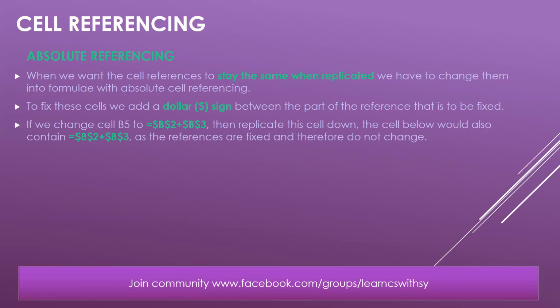For example, in cell B5, if you change the formula and you said $B$2 plus $B$3. So now if you replicate the formula, then you will observe for yourself that the new cell, for example, cell B6, will still contain equals $B$2 plus $B$3. Because you wanted these references to be fixed, you do not want them to change. In other words, you have changed the reference from the normal relative referencing to the absolute referencing just by inserting the dollar sign.